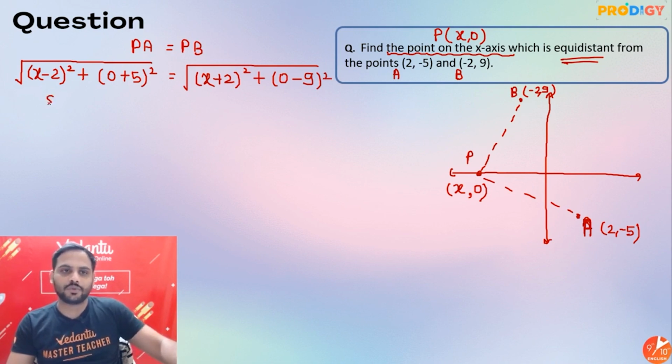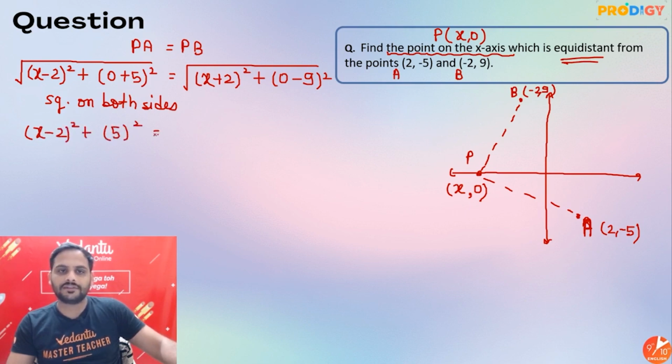So if I do square on both sides, the square root will be gone. So we'll be left with x minus 2 whole square plus 5 square, and here we have x plus 2 whole square plus minus 9 whole square.